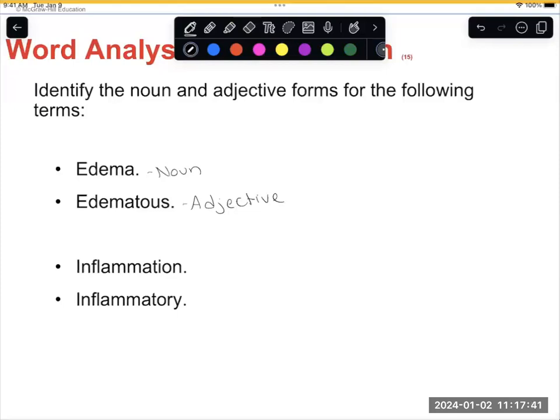Inflammation is that noun. Inflammatory is the adjective, which means a complex of cells and chemical reactions occurring in response to an injury or chemical or biologic agent.